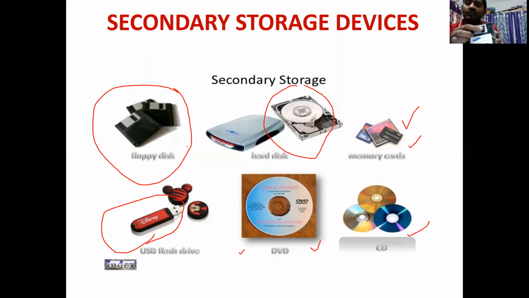Once it is moved, the magnetic disk will be exposed, and the floppy drive in a computer will read the data from this. So this is called a floppy disk, right?